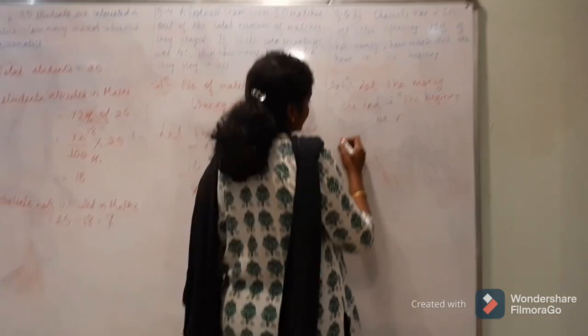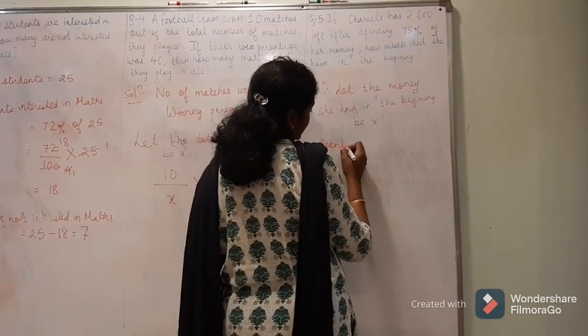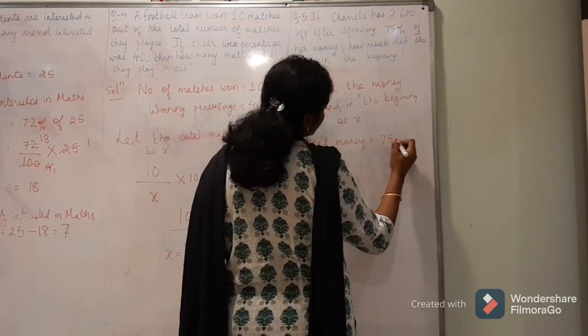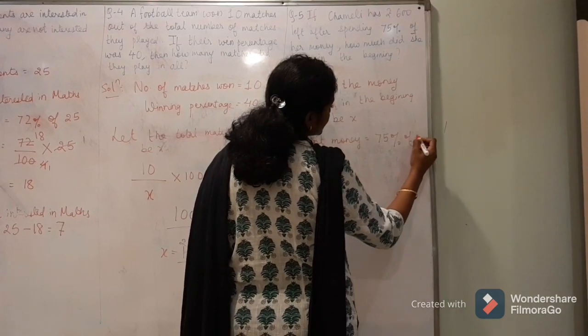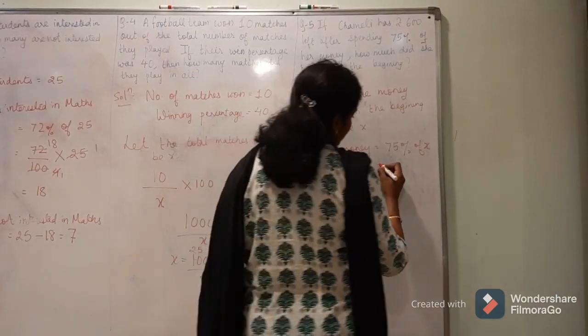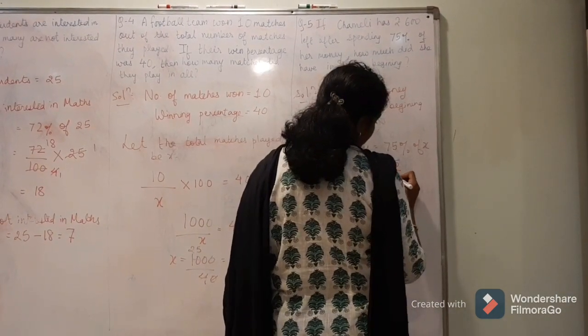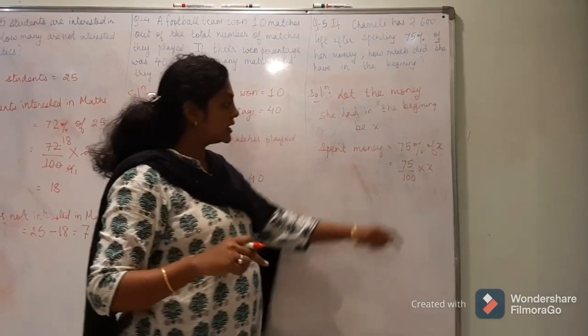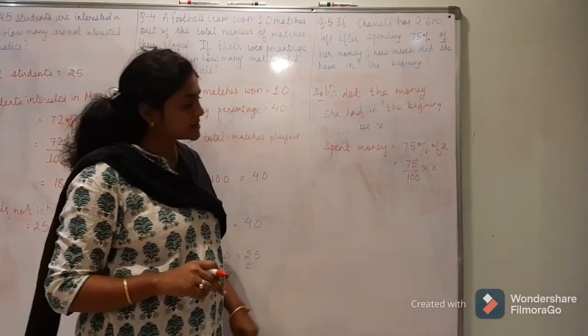Spent money कितना है? Spent money, that is 75% of total money उसने spend किया. तो 75% of मतलब percent मतलब divide by 100, of मतलब into x.